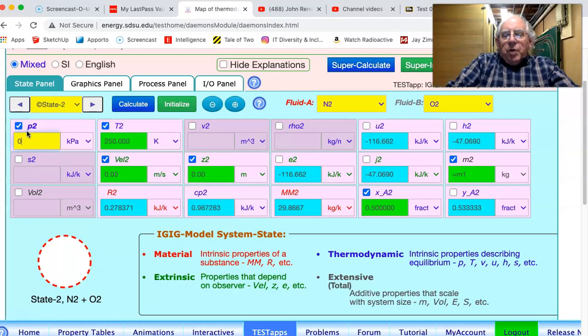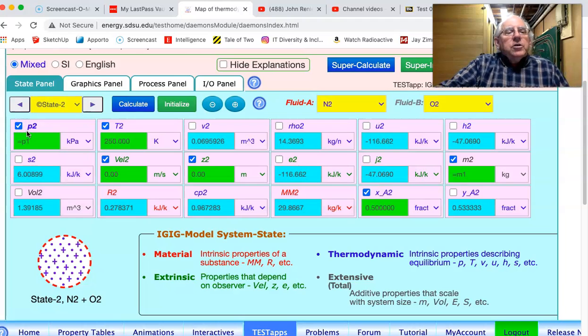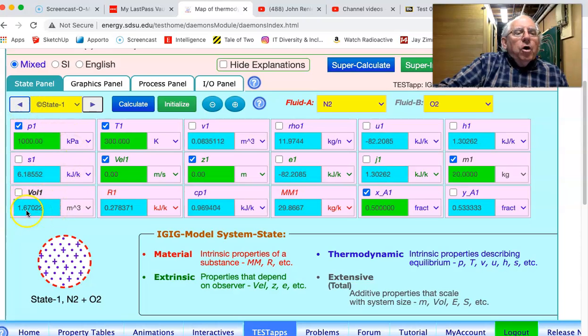The process itself was considered to be isobaric, and so we do have the two independent thermodynamic properties associated with state 2. And so with that, we see that the volume went from 167 to 139.